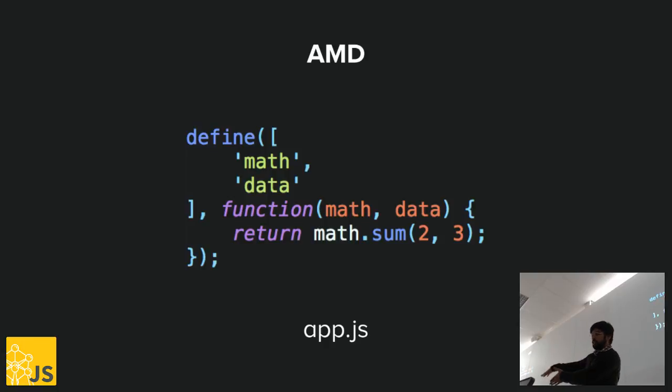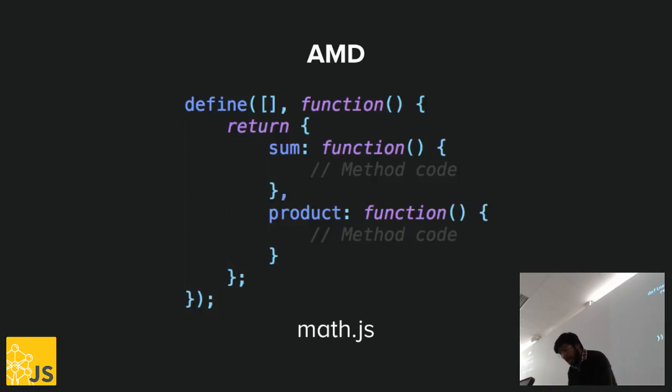These are separate JavaScript files, by the way, which are written in AMD itself. AMD is able to figure out, okay, this is an AMD module, I need to load this as a dependency. These are loaded in the browser in a non-blocking way, so it's asynchronous in nature. Once the dependencies are loaded, this callback function fires with the reference to that particular dependency available, so you can use it in your application then.